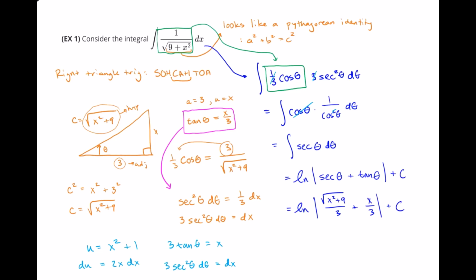Now, if you read through the text, you'll see the text will often skip these steps of the triangle. And you might think that there's an advantage there. I don't really think there is, because number one, you have to go back to the triangle in the end in order to rewrite your expression in terms of the variable x.